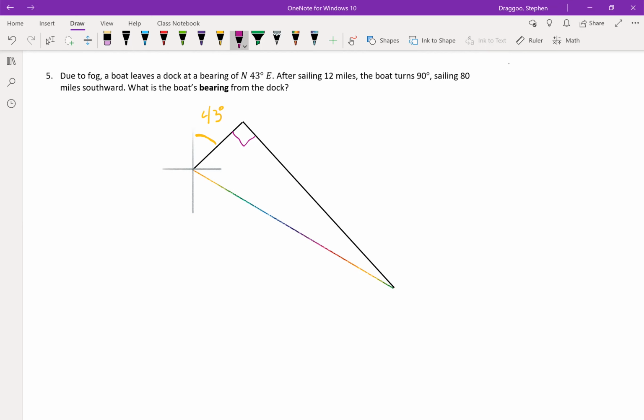Next, I want to talk about the right angle that shows up in that triangle. I'm told that the boat turns 90 degrees and it's southward. Right, so notice that it does not say that the boat turns to be due south. It says that the boat turns southward, right? So after that boat moves in its original northeast direction, if it's going to make a 90-degree turn, it could go one of two ways.